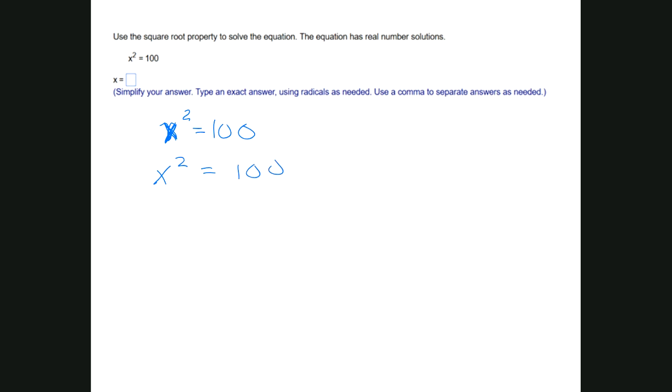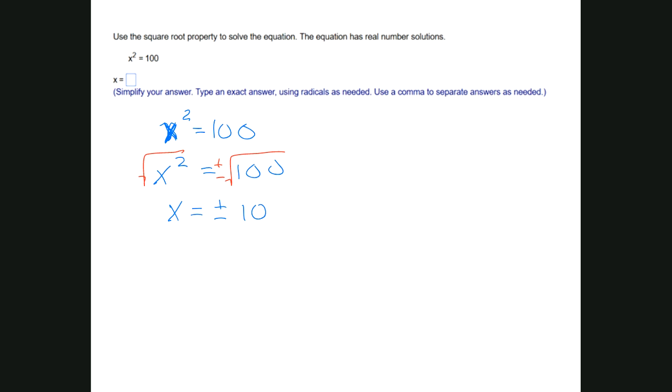So we have x squared already isolated, and we're going to do the square root property. Put in your plus or minus, and take the square root of both sides. The square root of x squared is x. Put your plus or minus sign. And the square root of 100, what number squared gives you 100, is 10.